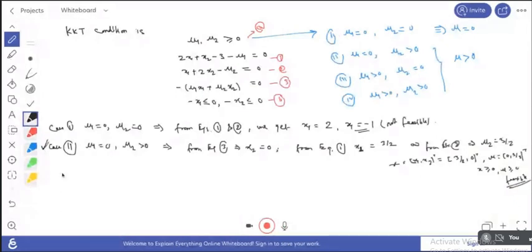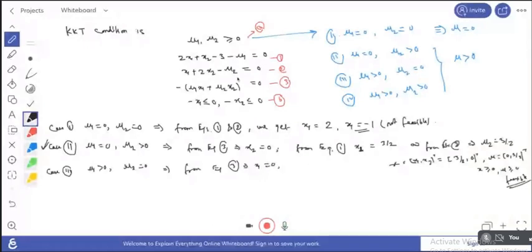If you go to case 3, what is case 3? Case 3 is mu1 and mu2 equal to 0. Okay, so this implies, from equation 3, mu2 is 0, so this means x1 equals 0 here. From this equation, this implies that x1 equals 0.